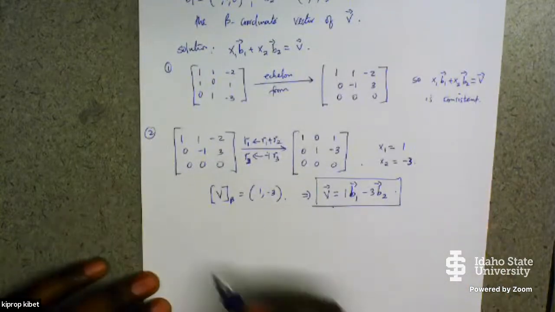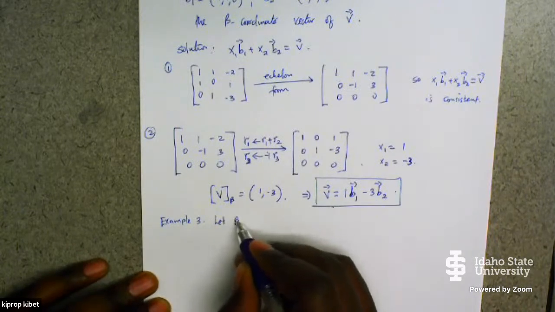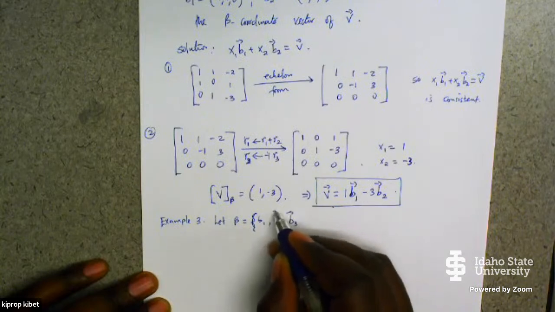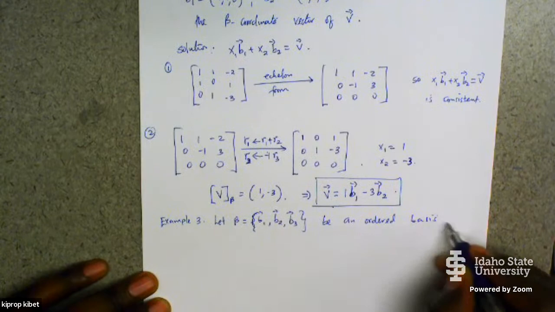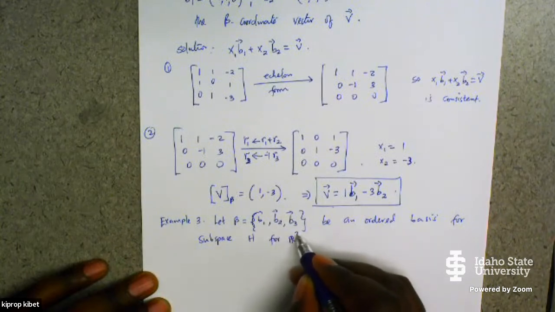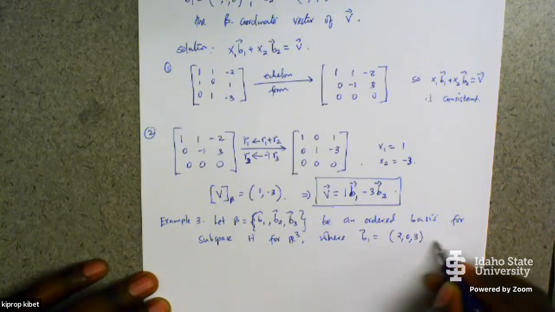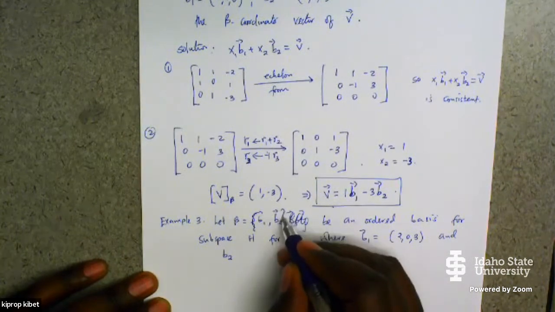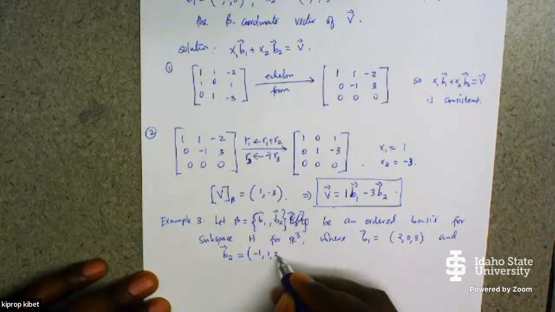Example number 3. Let B equal b1 and b2 be an ordered basis for subspace H of R3, where b1 equals 2, 0, 3 and b2 equals -1, 1, and 2.